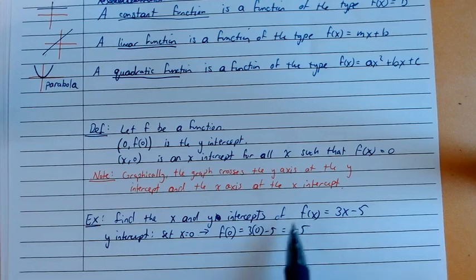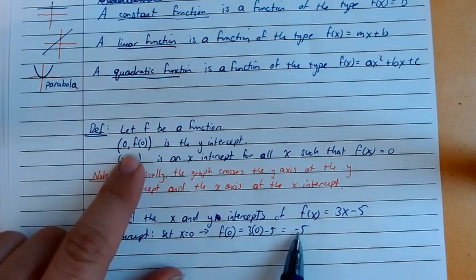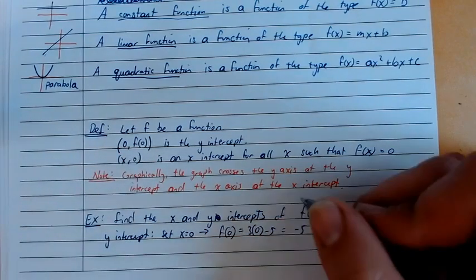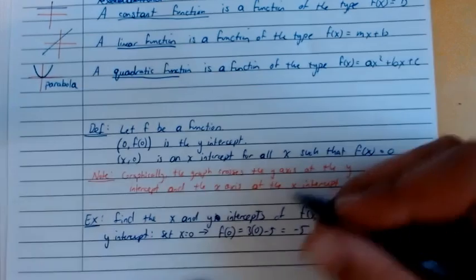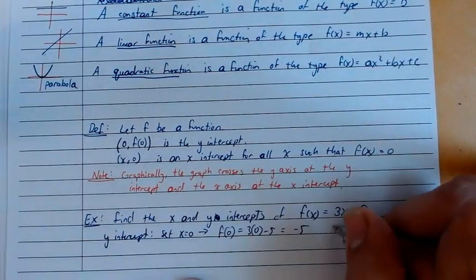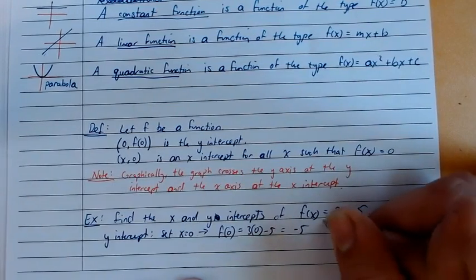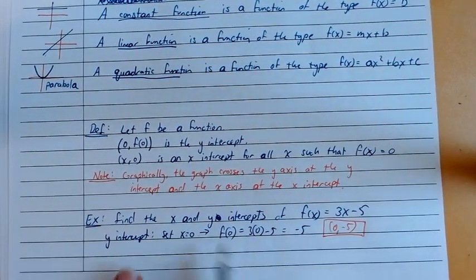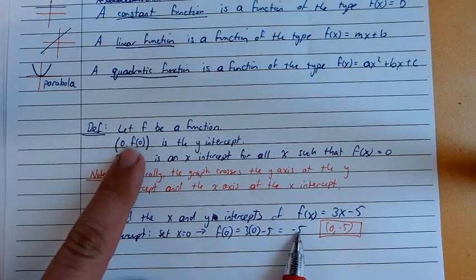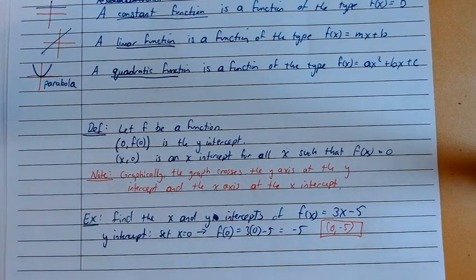So that number, that's your f of 0, that's negative 5, which means 0 comma negative 5, that's your y-intercept. When you plug in x is equal to 0, your y is negative 5.